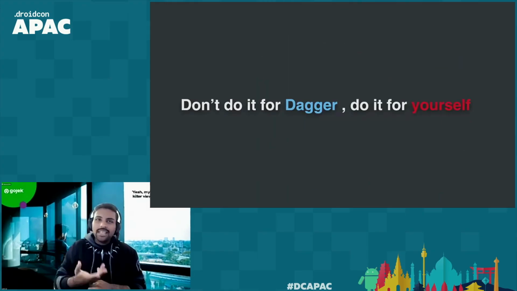And the next question could be, don't do it for Dagger, right? Or rather, do it for yourself. I have this immense feeling when I work with Dagger code. Especially, for example, at Gojek, we have about 40 to 80 member teams, and they are split across multiple code bases.